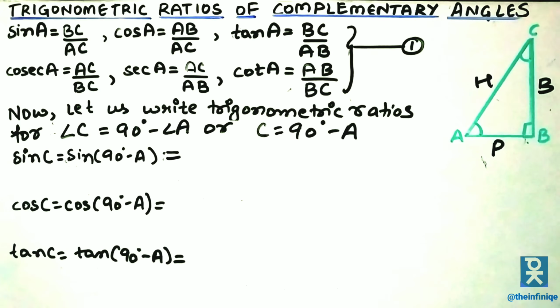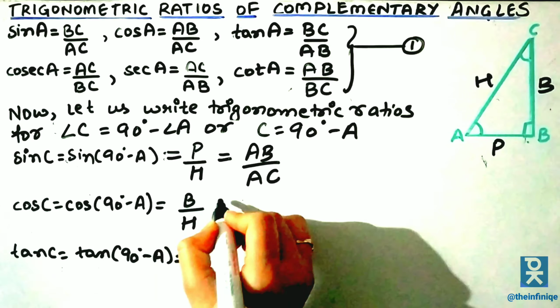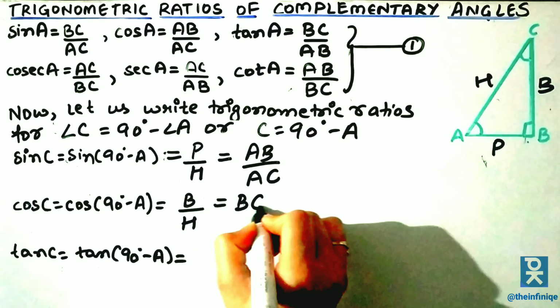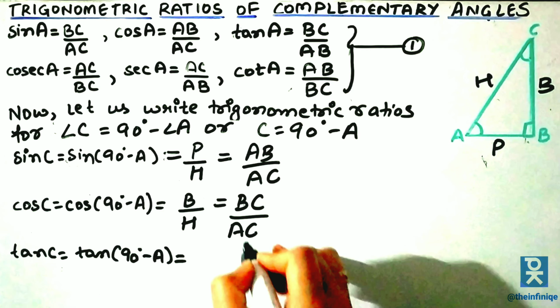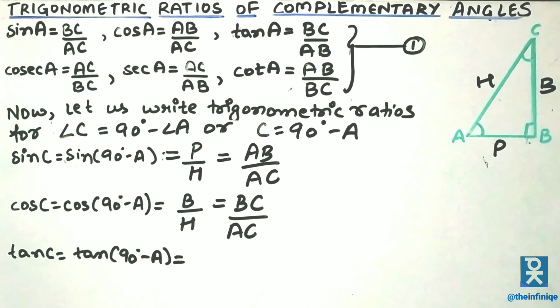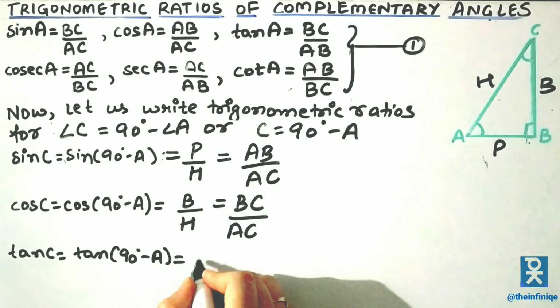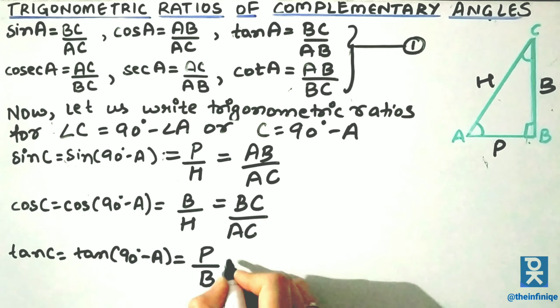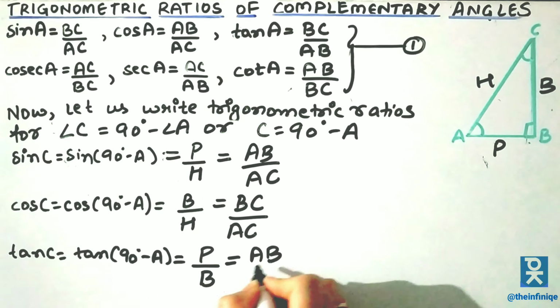Cos C equals cos of 90 degrees minus A is equal to base upon hypotenuse, here base is BC and hypotenuse is AC. And tan C equals tan of 90 degrees minus A is equal to perpendicular upon base, perpendicular is AB and base is BC.